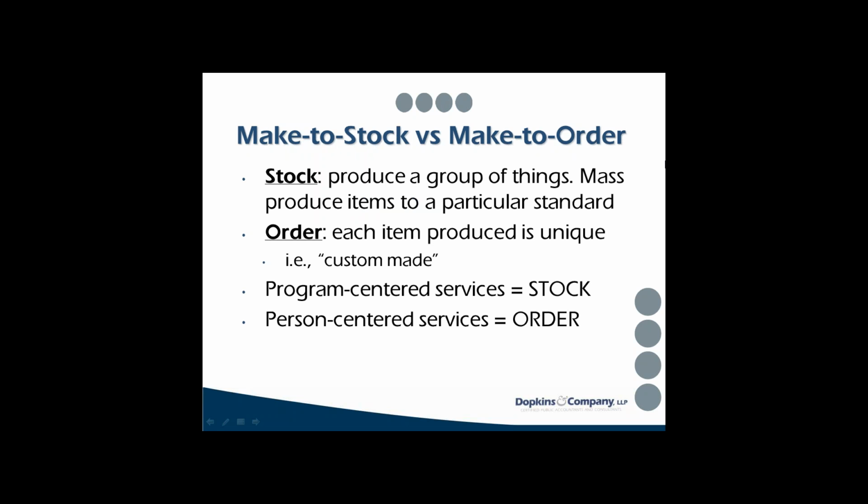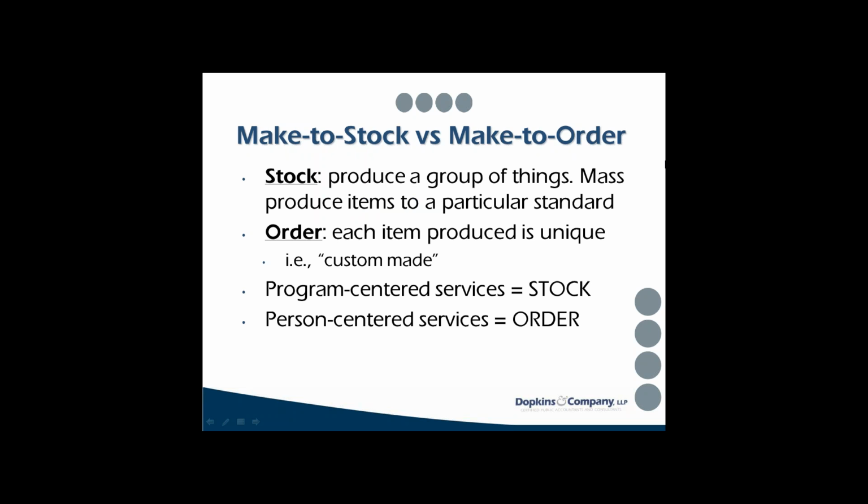So this is not brand new. It may be new to many of you, but it's not a new concept in the world. This is something that manufacturing businesses have done since the beginning of time. There are two typical kinds of manufacturers, called make-to-stock manufacturer or make-to-order manufacturer.